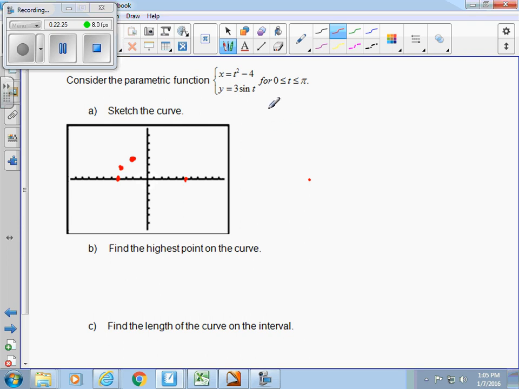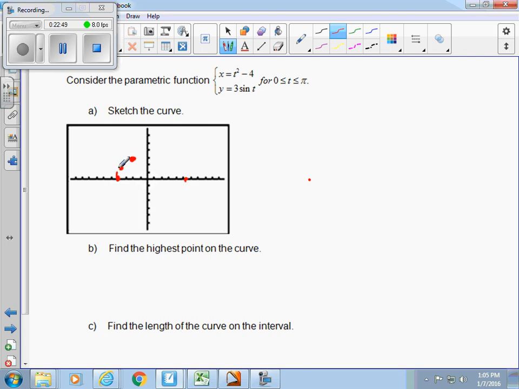Okay, just for mental notes here, t would be the square root of x plus 4. So you would end up having the sine of the square root of x plus 4 if you were to look at the function. It's a little yucky, but you could do it.